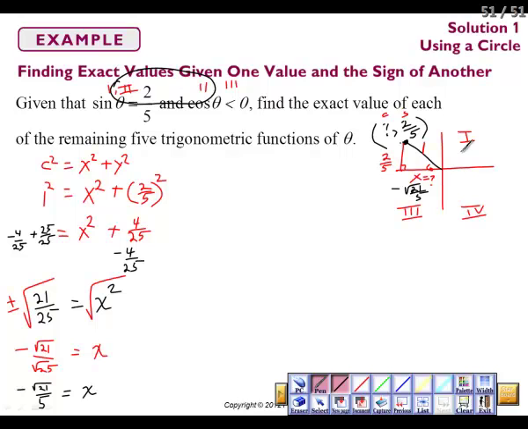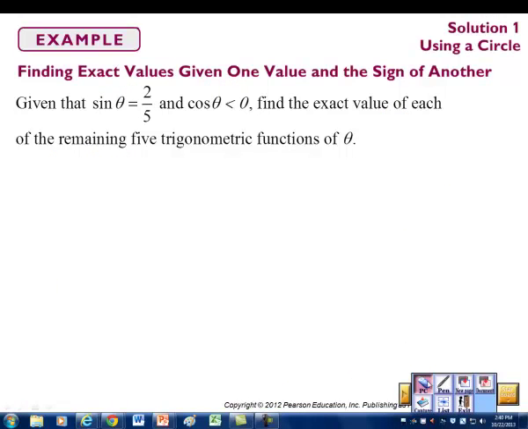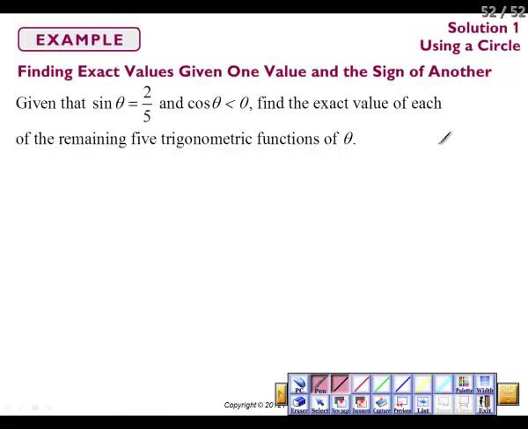Okay, from here, we want to find the remaining trigonometric functions. So we have sine. Go ahead and redo this. Alright, so now we have here, we know that this is 2 over 5, and this is a negative square root 21 over 5. We know this is 1. This is angle theta here.